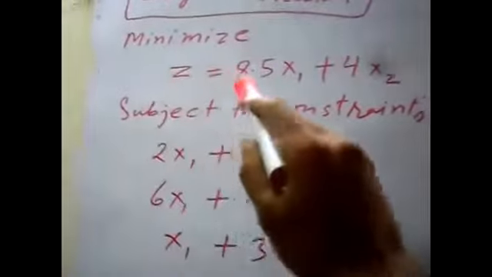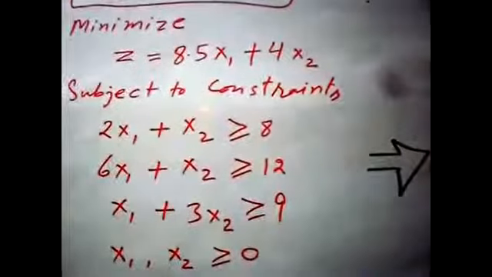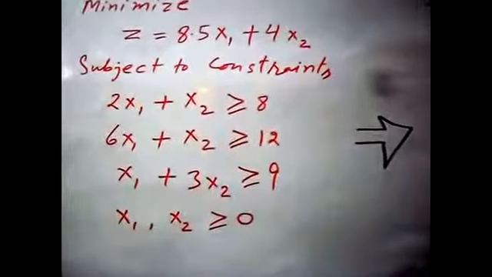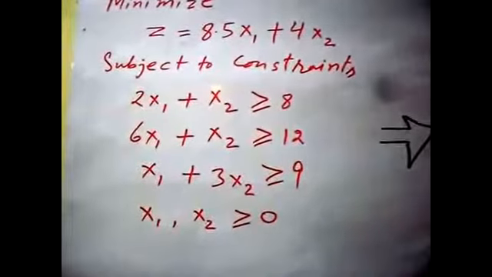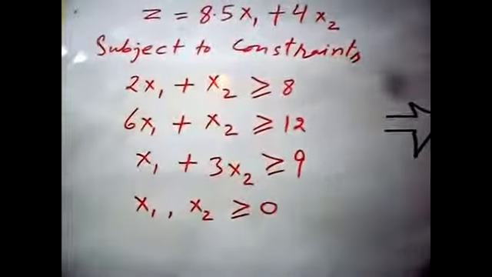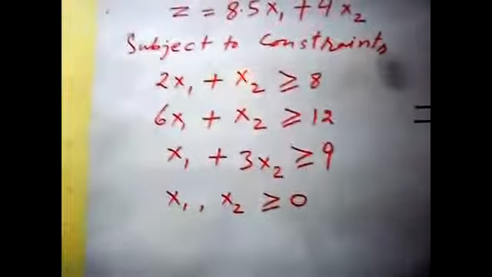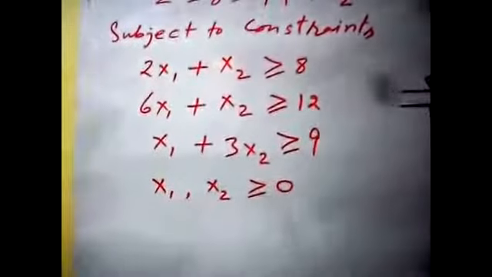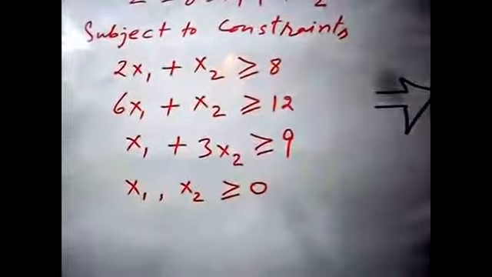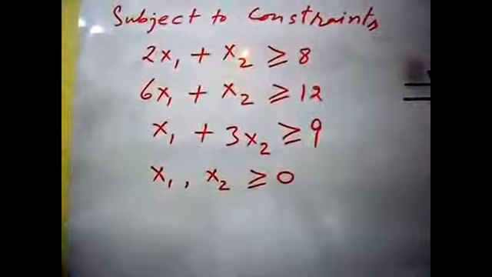In this method we have given the problem: minimize z equals 8.5x1 plus 4x2 subject to constraints 2x1 plus x2 greater than or equal to 8, 6x1 plus x2 greater than or equal to 12, x1 plus 3x2 greater than or equal to 9, x1 and x2 greater than or equal to 0.